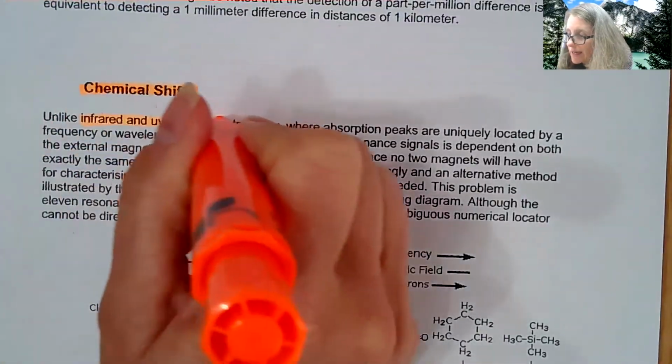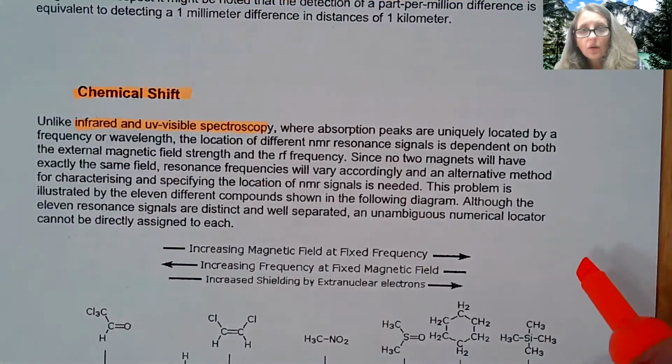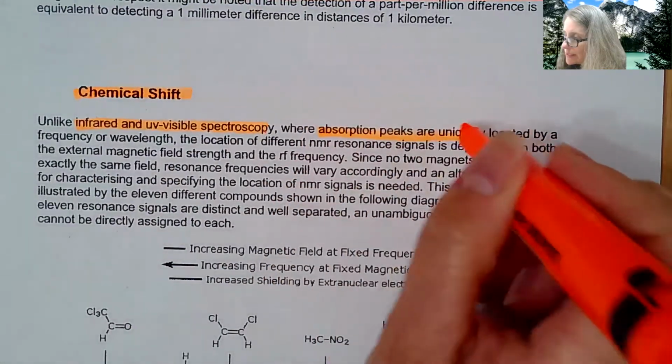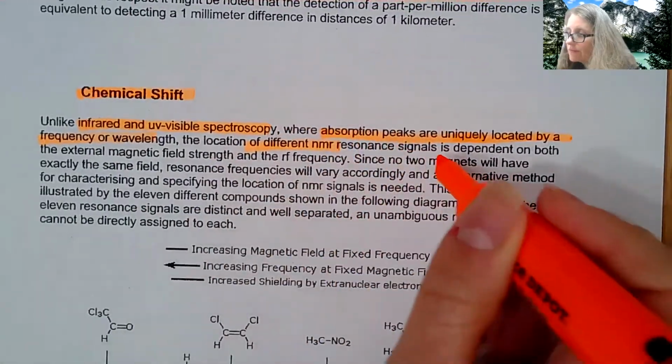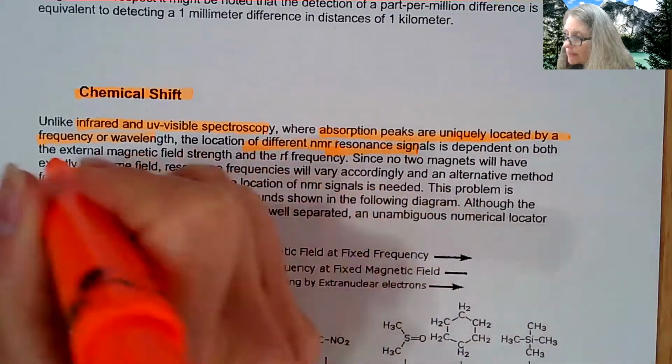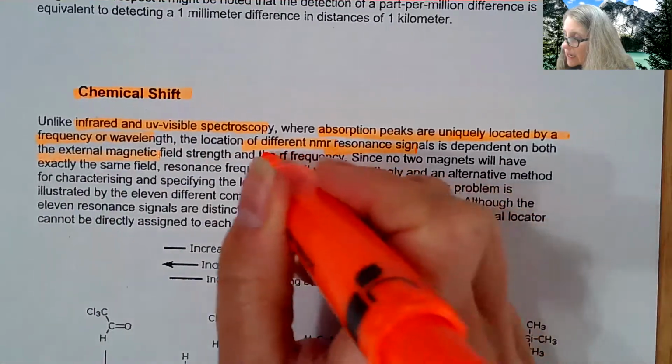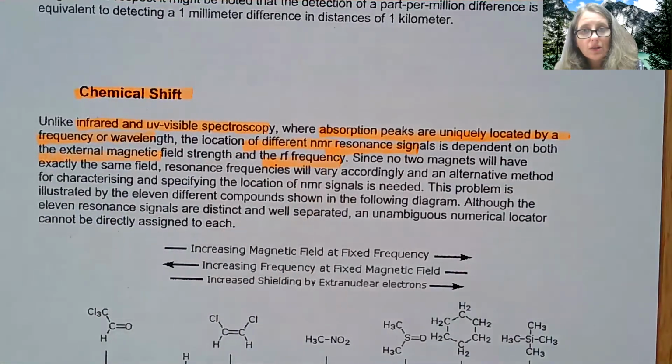So different from IR and UV-vis, where the absorption peak is uniquely located by a frequency or wavelength, the location of the NMR resonance signal depends on both the external magnet and the radio frequency that you're hitting it with.